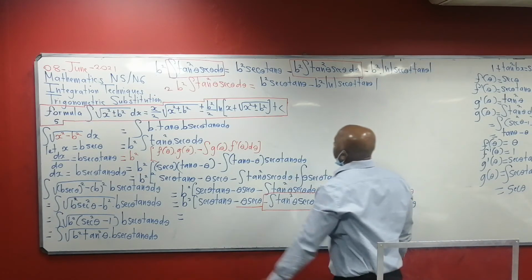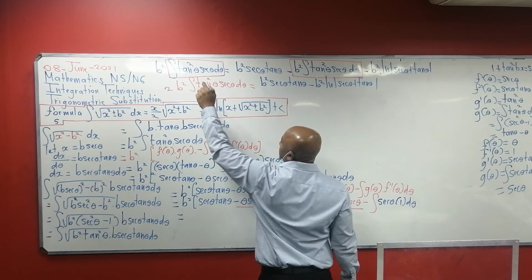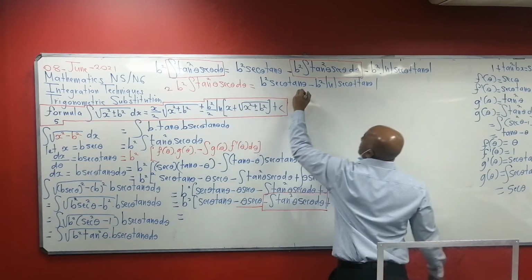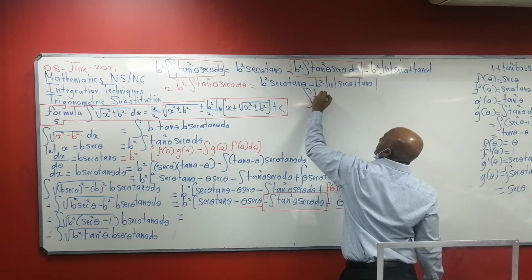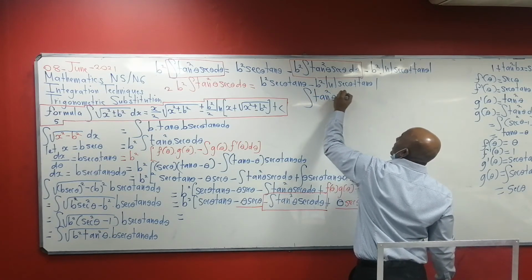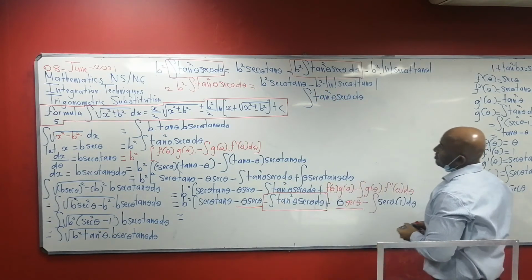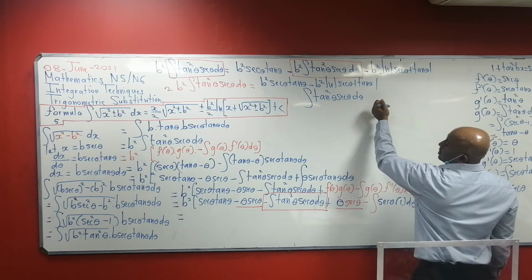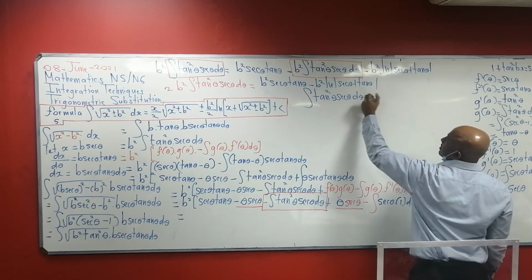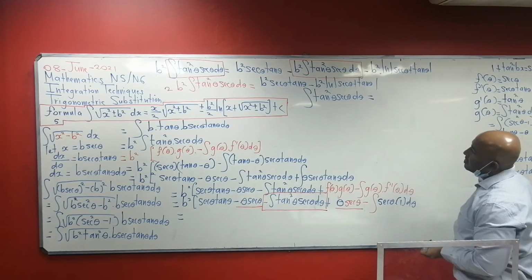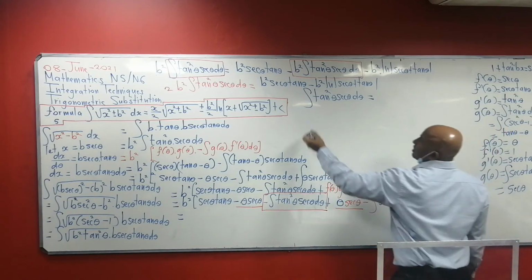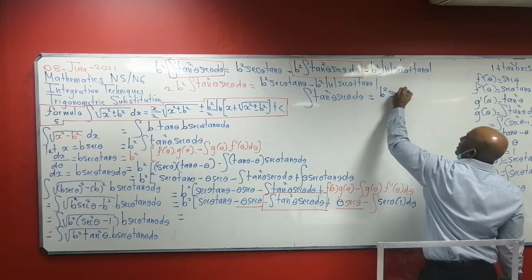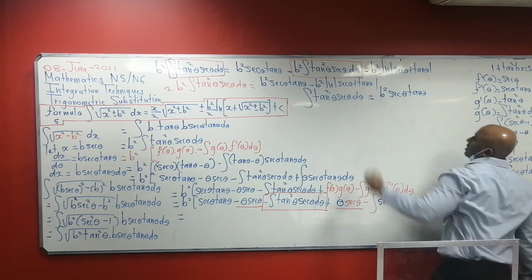And now I can divide here. So that's going to be, let's see, the integral of tan squared sec theta d theta is equal to, let me just see here. Right, the integral of tan squared sec theta is equal to b squared sec theta tan theta.